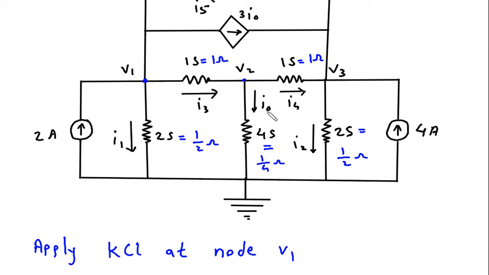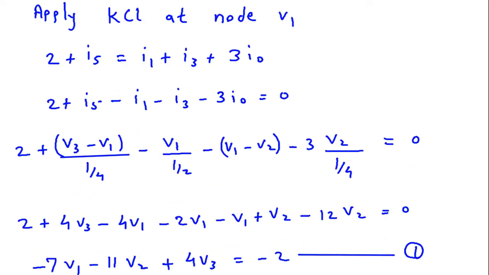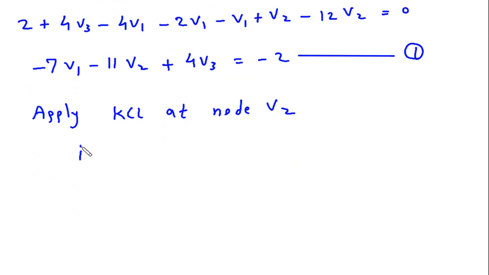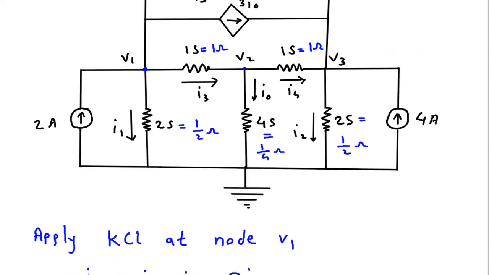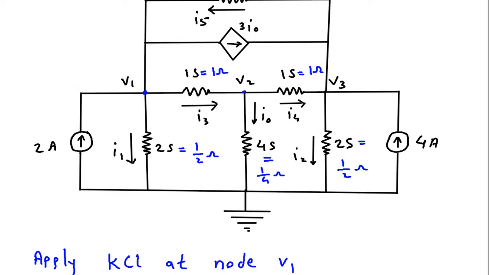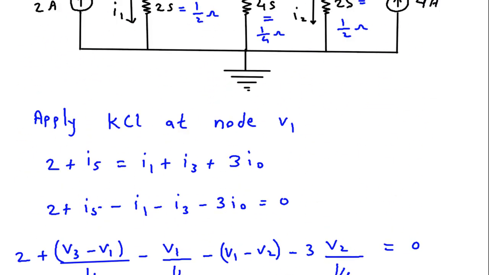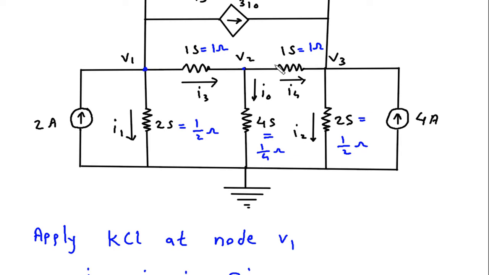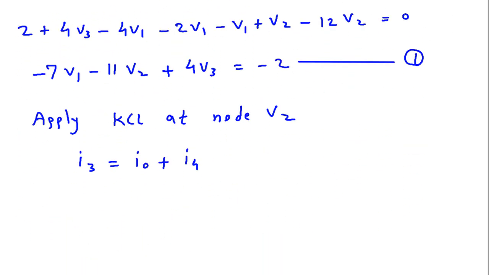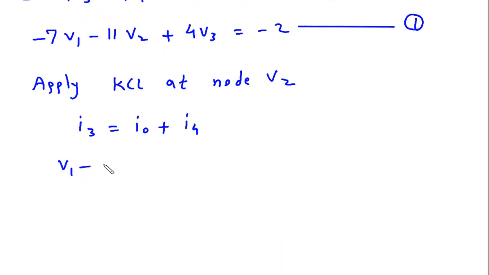I3 is equal to IO plus I4. I3 is V1 minus V2 by 1, equal to IO.